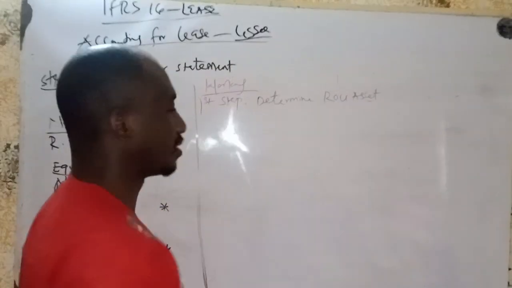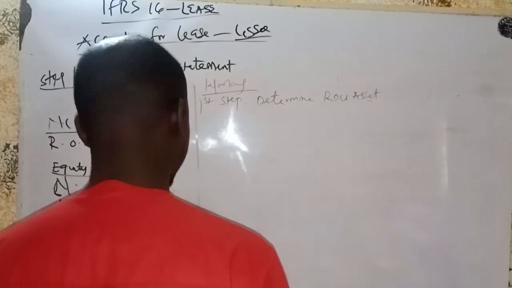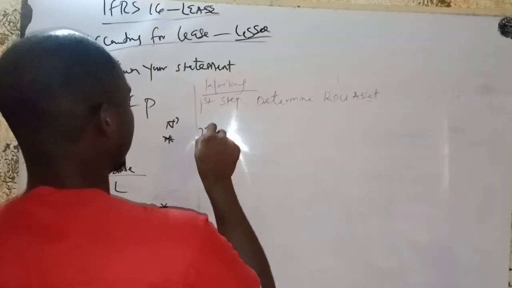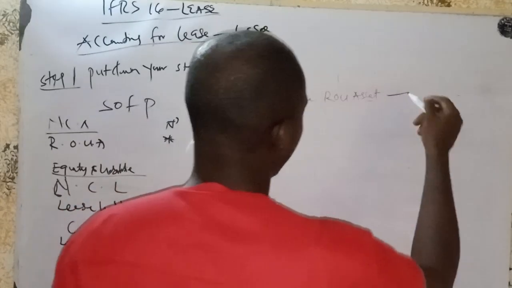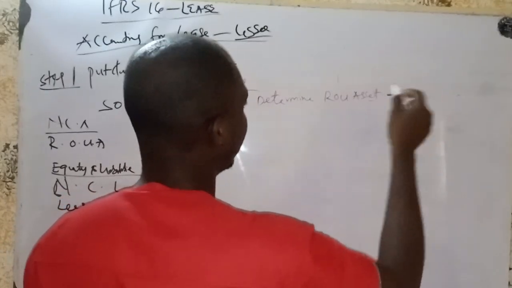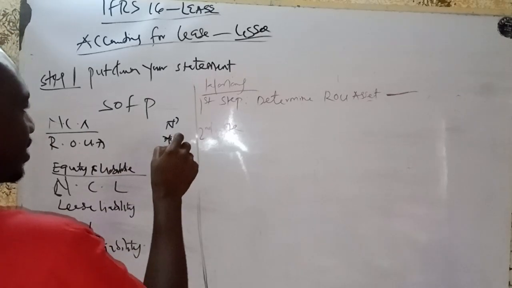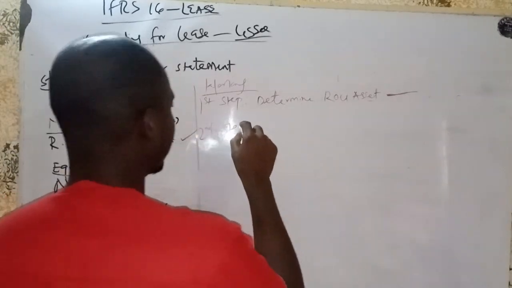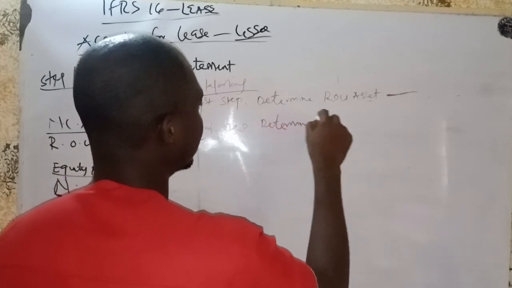So let's quickly go to the second step. The second step, this one now, is our right of use asset. Whatever you get here, you bring it here. Then the second step is to determine depreciation.